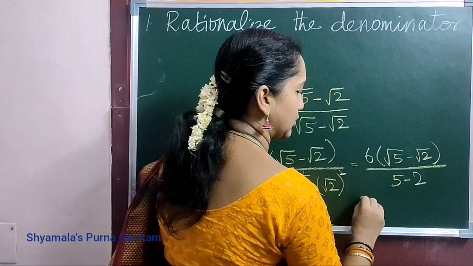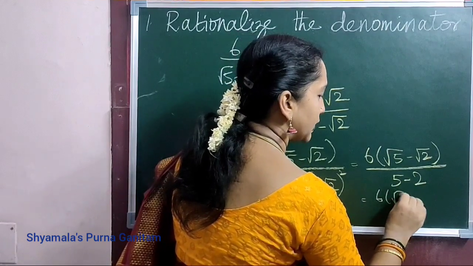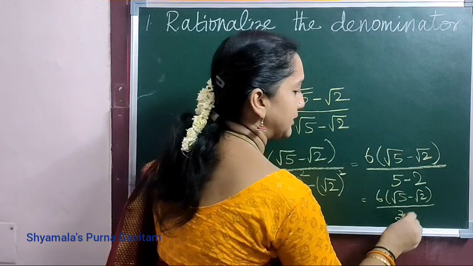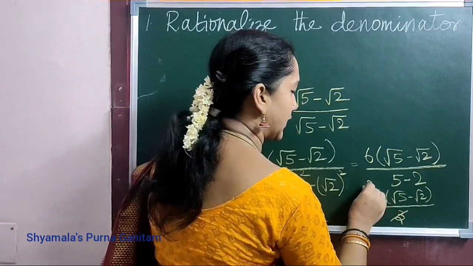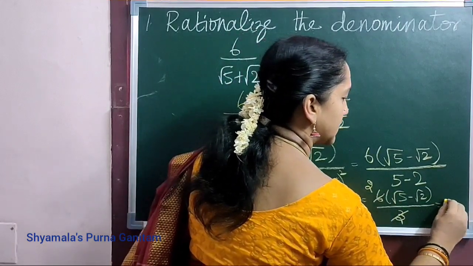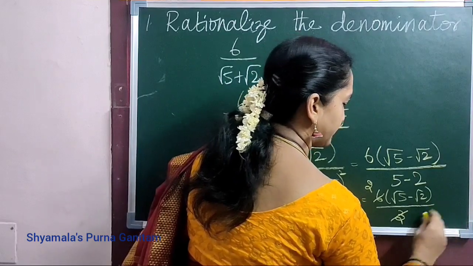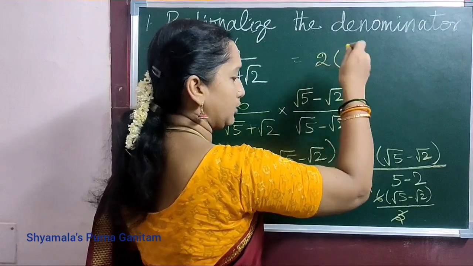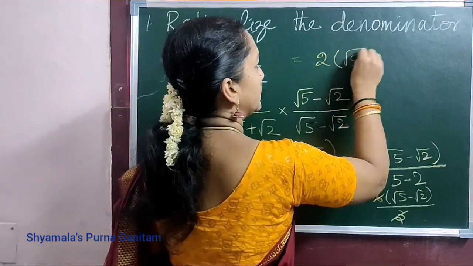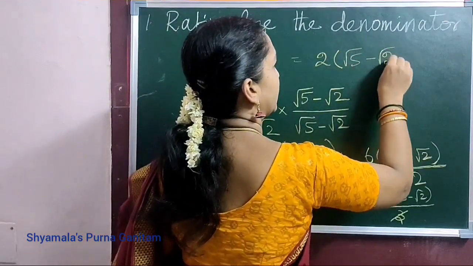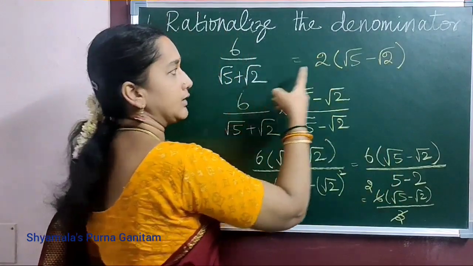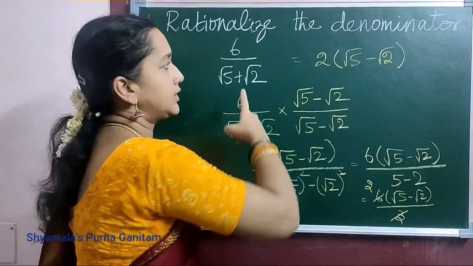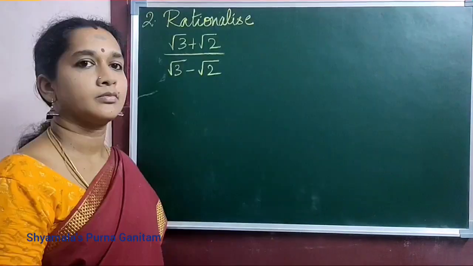So 5 minus 2, 6 into root 5 minus root 2 by 3. This can be simplified: 3 one times and 3 two times. So the answer for this is 2 into root 5 minus root 2. So you have rationalized the denominator, and this is how you have to do the sum.